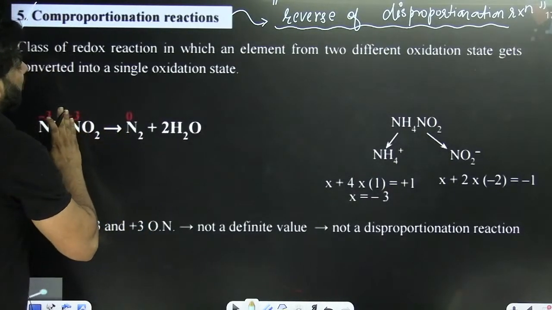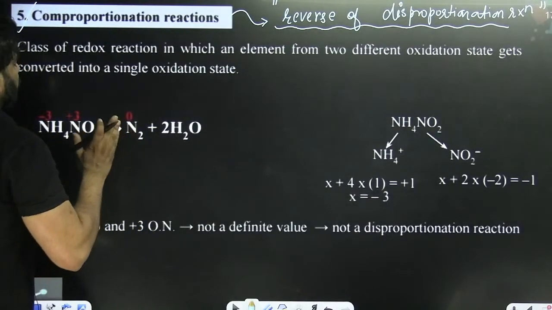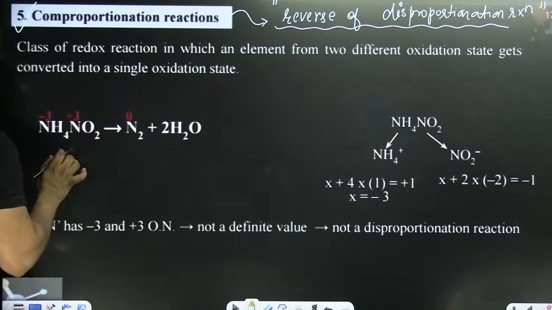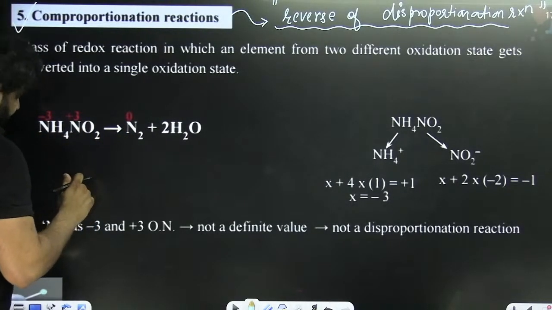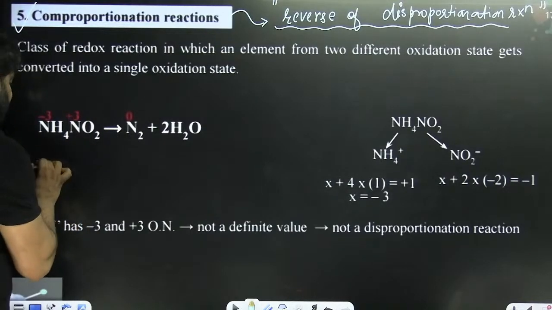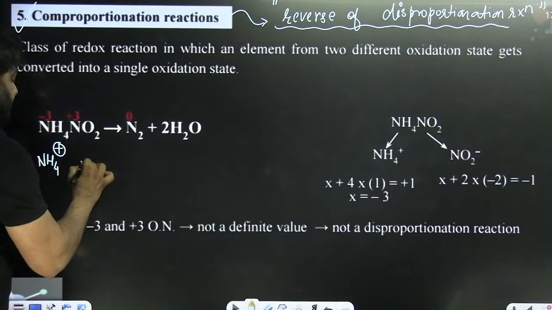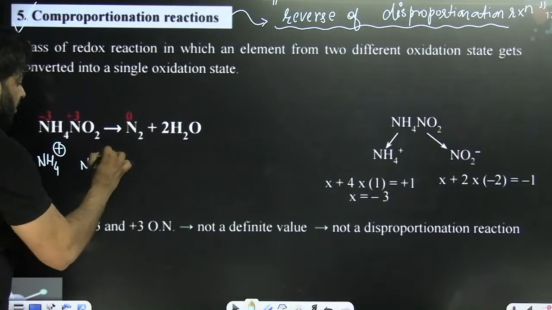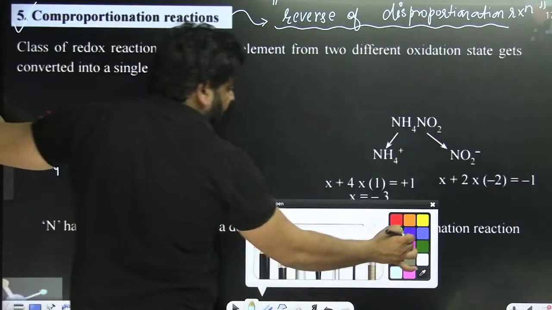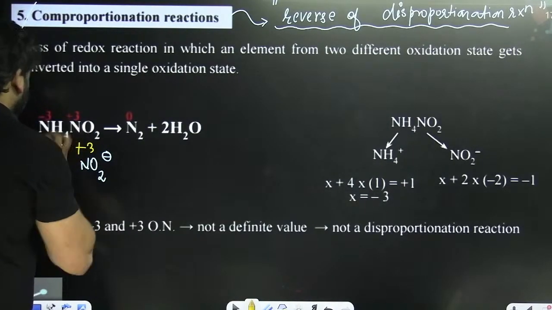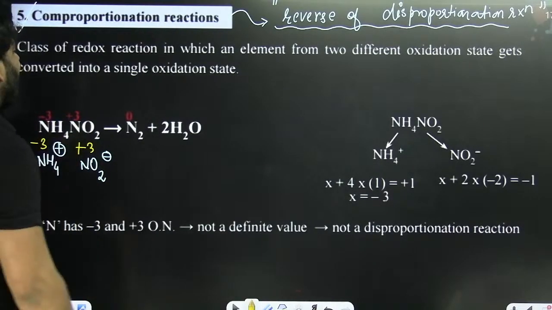Guys, exactly the opposite thing is happening. We have two different species containing the same element. Let us say this is NH4 positive here, and this is NO2 negative here, and the oxidation states are pretty clear to all of us. This is +3 and this is -3. So -3 and +3 are going to N2, which is 0.